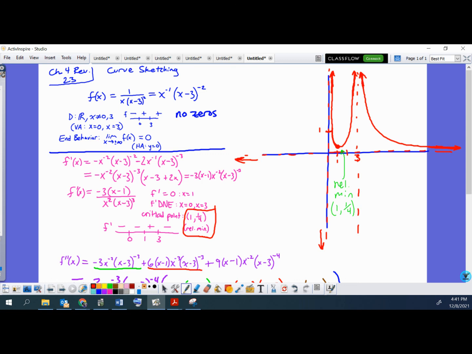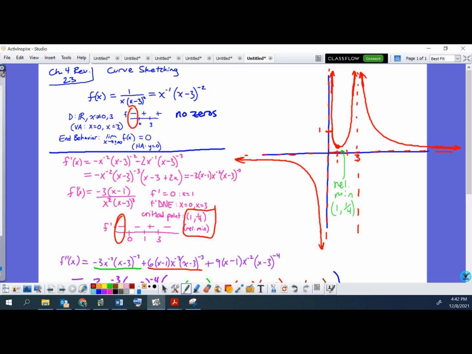We have to approach those asymptotes. We have to be decreasing, and we have to be concave up, and we have to be above the x-axis. All of those pieces fit together. If one of those was off, it could make this not work, right? So it's a good sign when everything sort of fits. Same thing down here, we're concave down, we're under the x-axis, and we're decreasing that whole way, right?